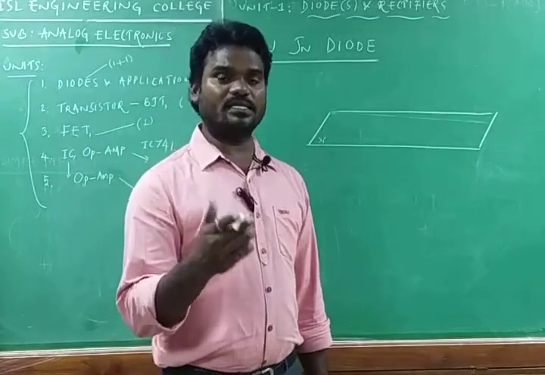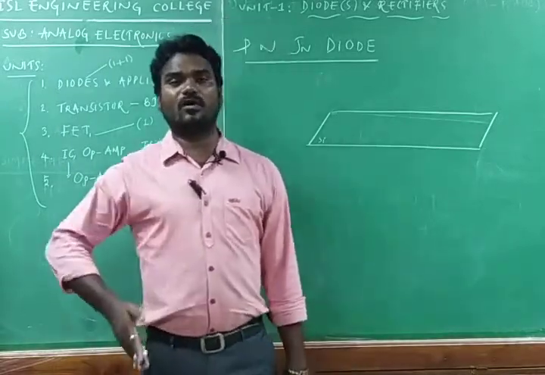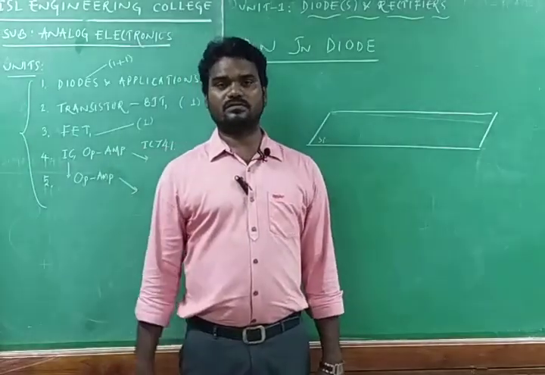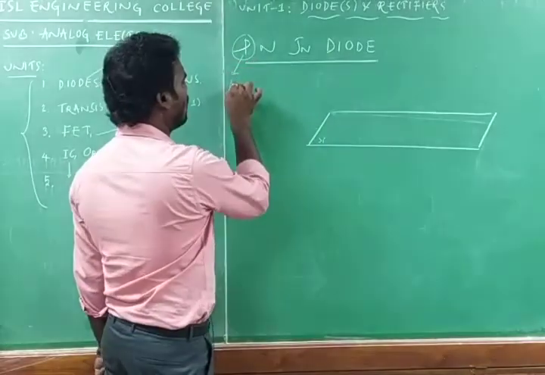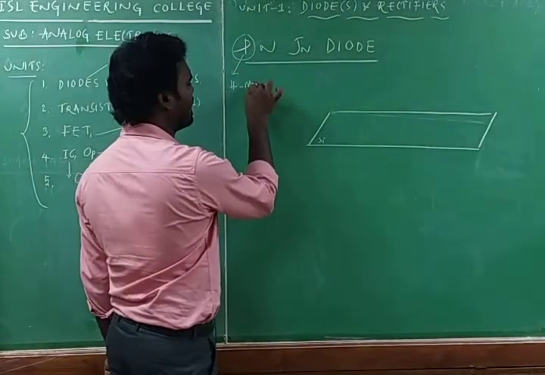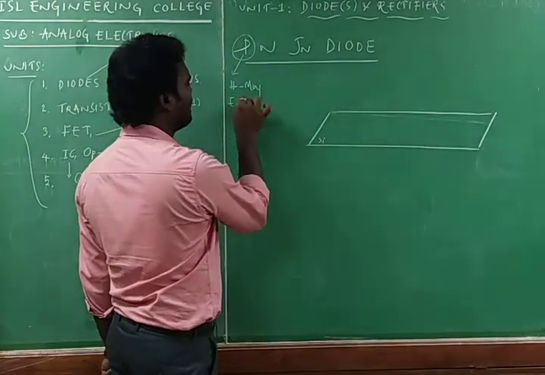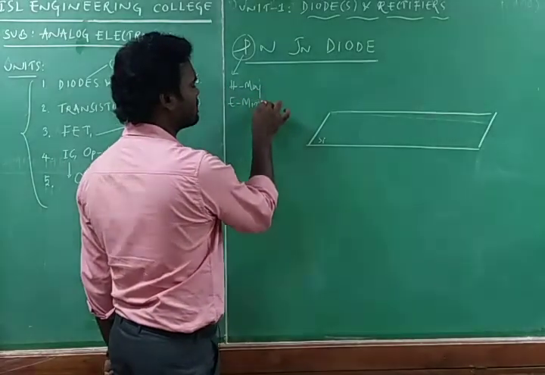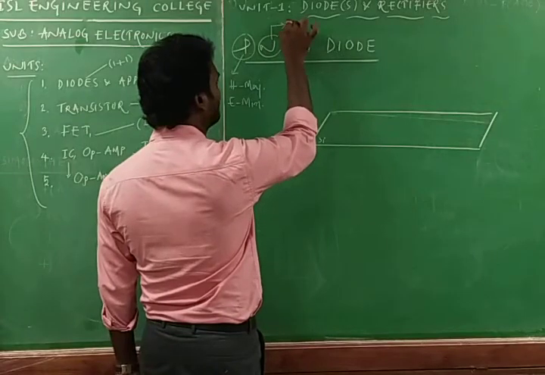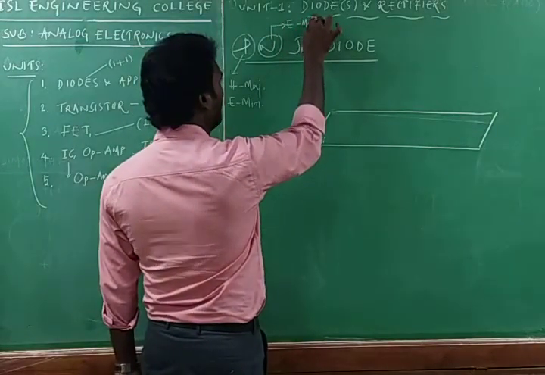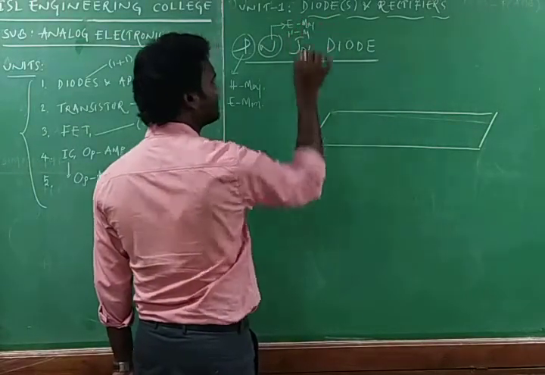N-type semiconductor is the one in which electrons are more than holes. P means more positive: holes are the majority charge carriers and electrons are the minority charge carriers. N means more negative: electrons are the majority charge carriers and holes are the minority charge carriers.